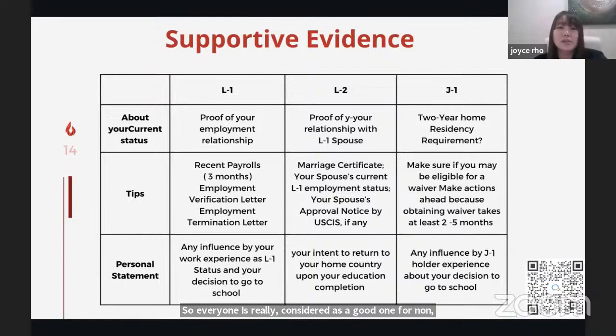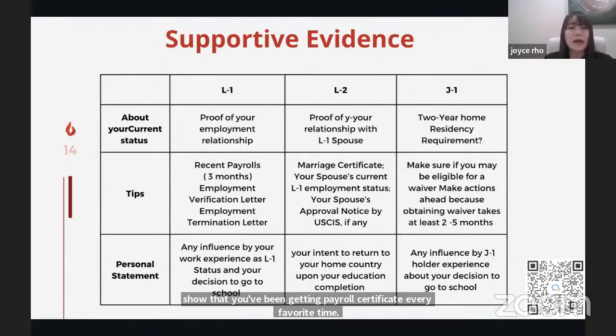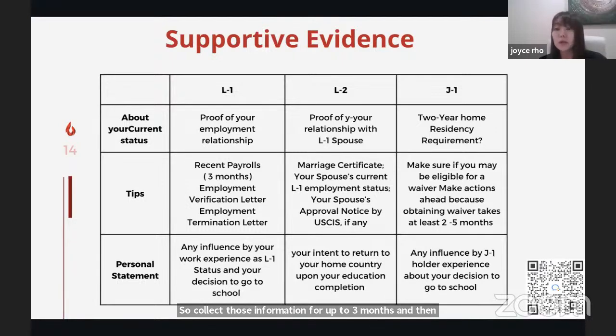Here, again, just like the H-1B visa holder, you have to prove that you are maintaining a valid employment relationship as an L-1 visa holder. It's quite similar to H-1B, but again, you have to show that you've been getting payroll certificates every payroll time. So collect that information for up to 3 months, and then get the verification letter and the employment termination letter, and include them.